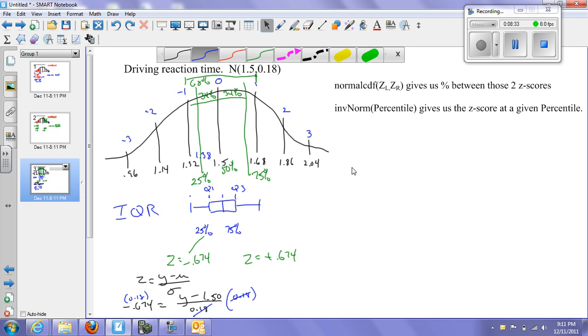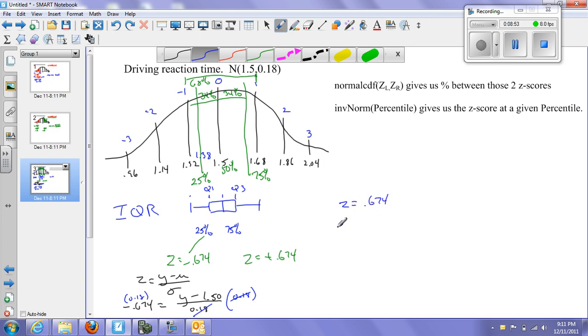We can do the same thing on the other side. We know our z-score is equal to positive 0.674.